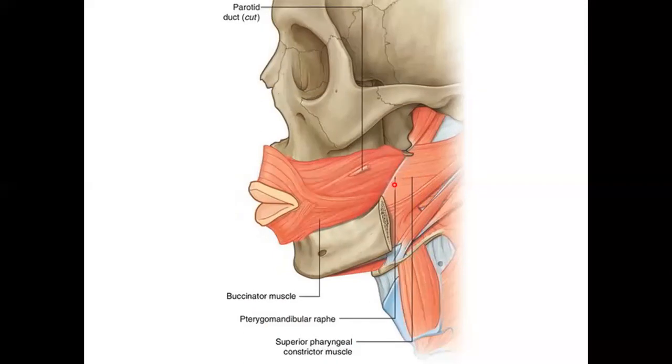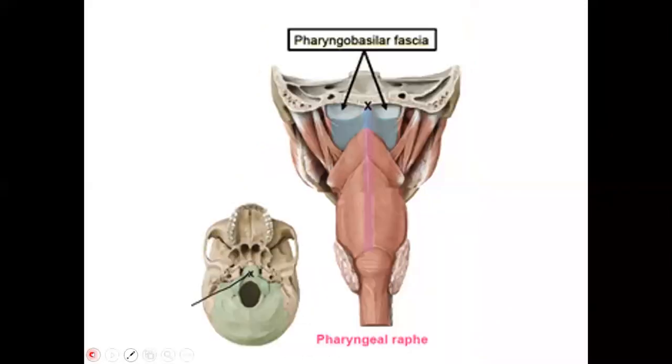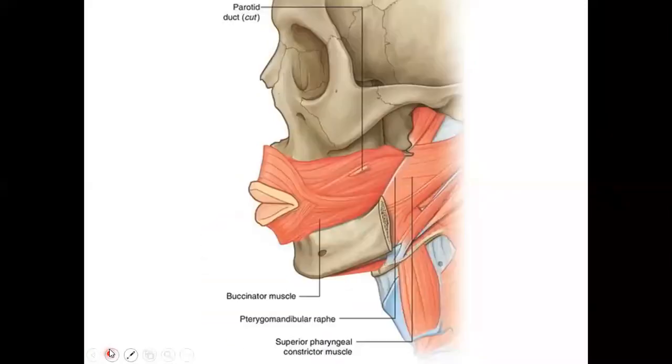So it's attaching here, and then it's circling around posteriorly to help create that superior portion of your pharynx. And oh, hey, I believe this is the fascia she was talking about in the previous picture. The pharyngobasilar fascia. You can see it better in this picture. This is from Gray's Anatomy textbook, by the way.